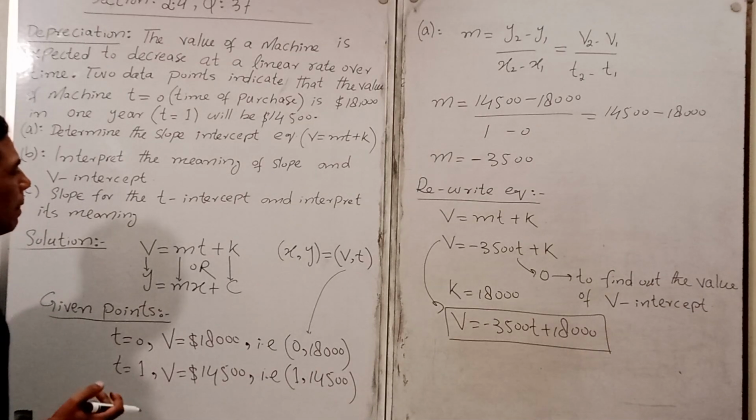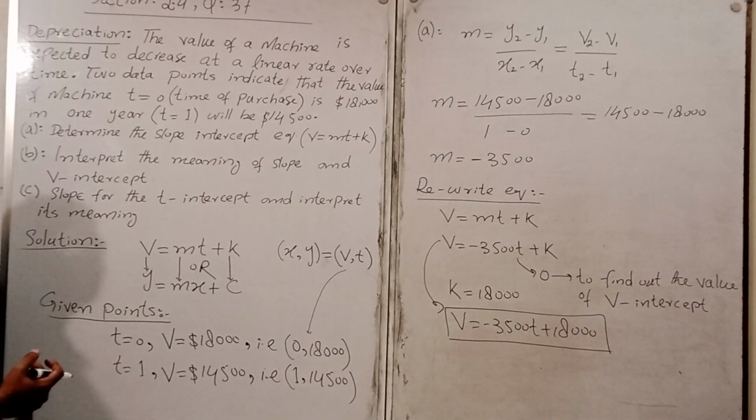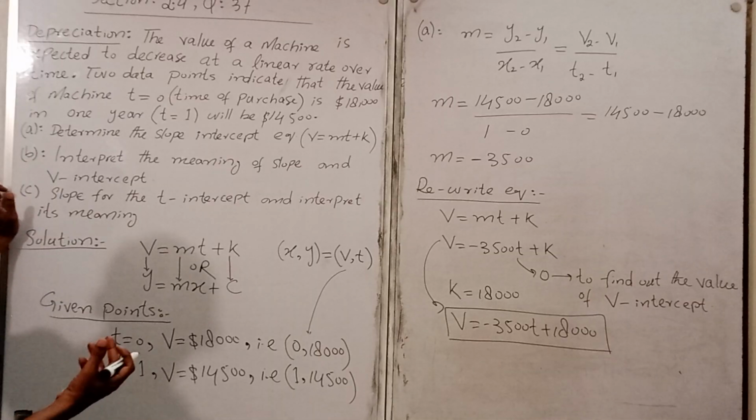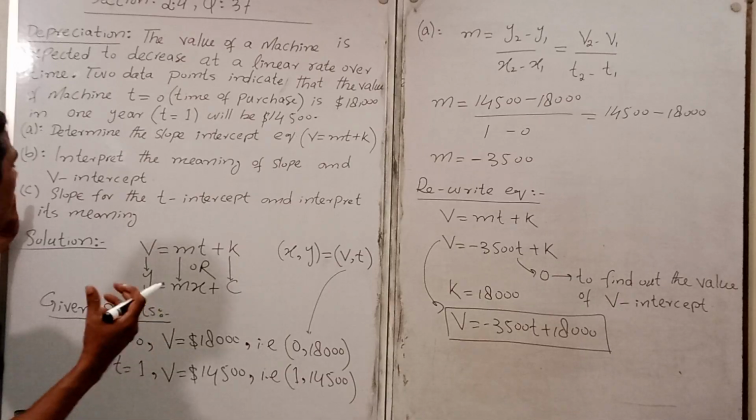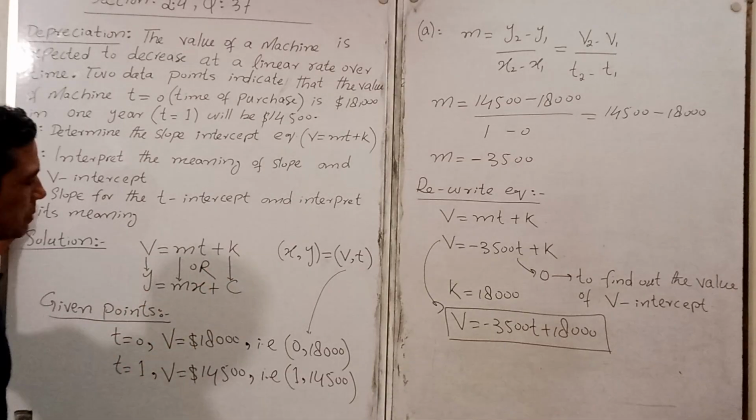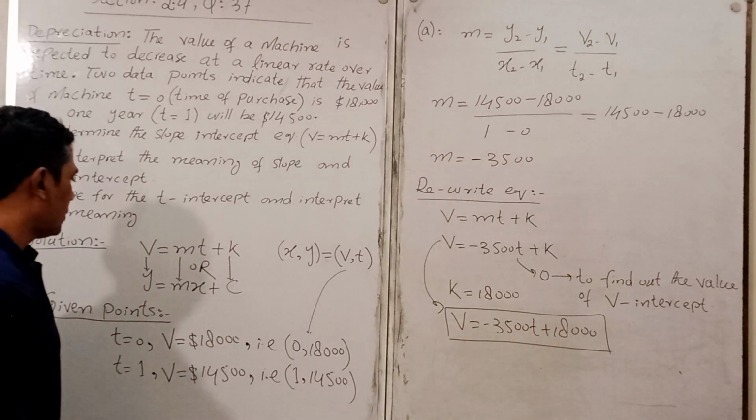Now, what about the B part? The B part is to interpret the meaning of the slope and V intercept. You have to explain the slope and V intercept here.